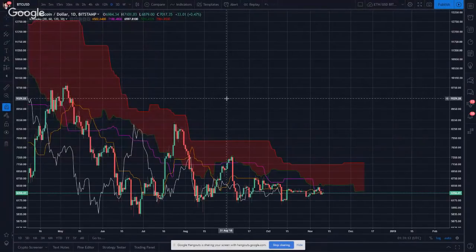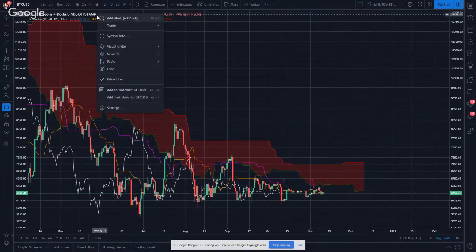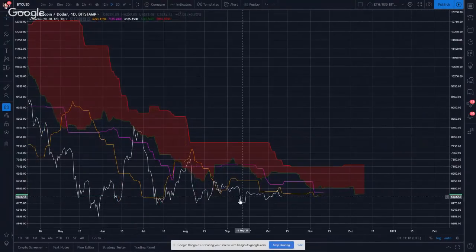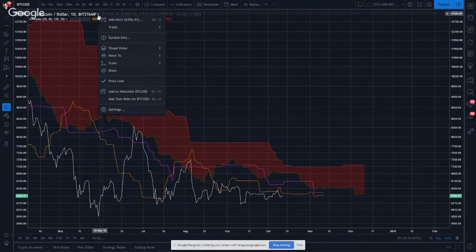So the next component I want to talk about, which is not my favorite component, let's turn off the price so we can see this a little bit better, is the Chikou span, I guess. Not really Chikou, but the lagging span. It's basically today's closing price projected back 30 periods. So it's 26 on default settings.